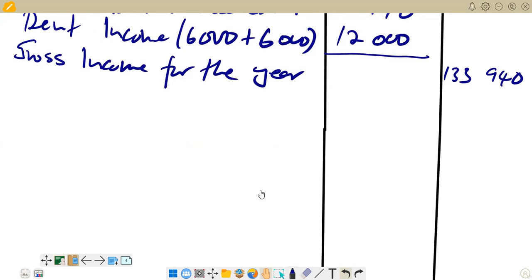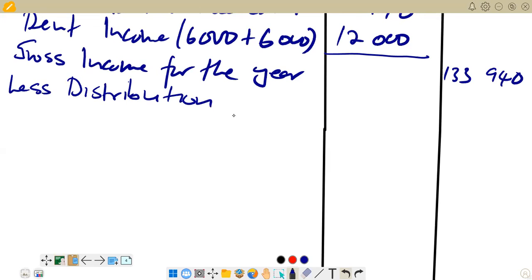Remember, after gross income for the year, we are supposed to go to less distribution, administrative, and other expenses. So we come here, as simple as that, we put the heading, less distribution. These are general operating expenses that we are describing: distribution, administrative, and other expenses.